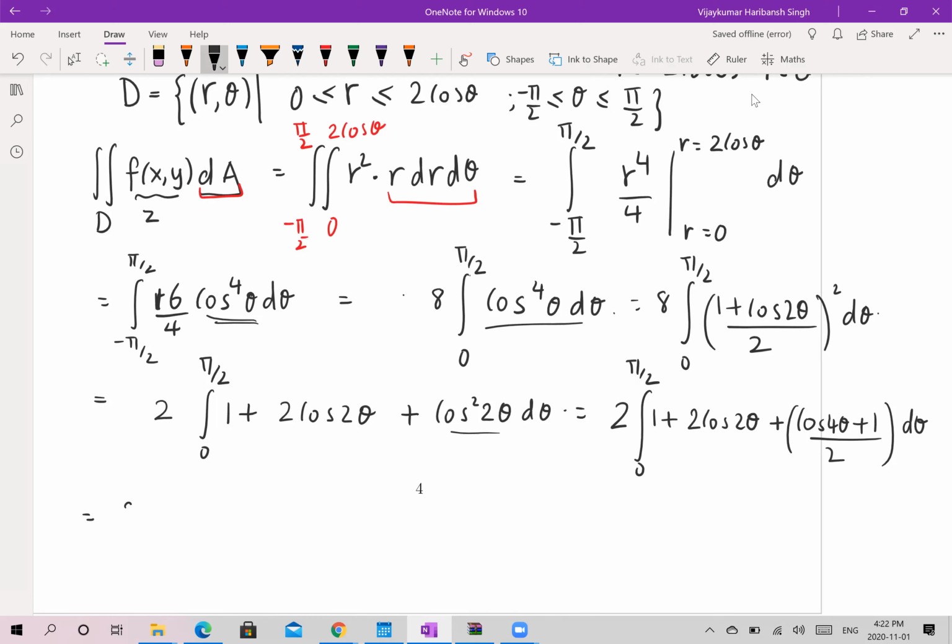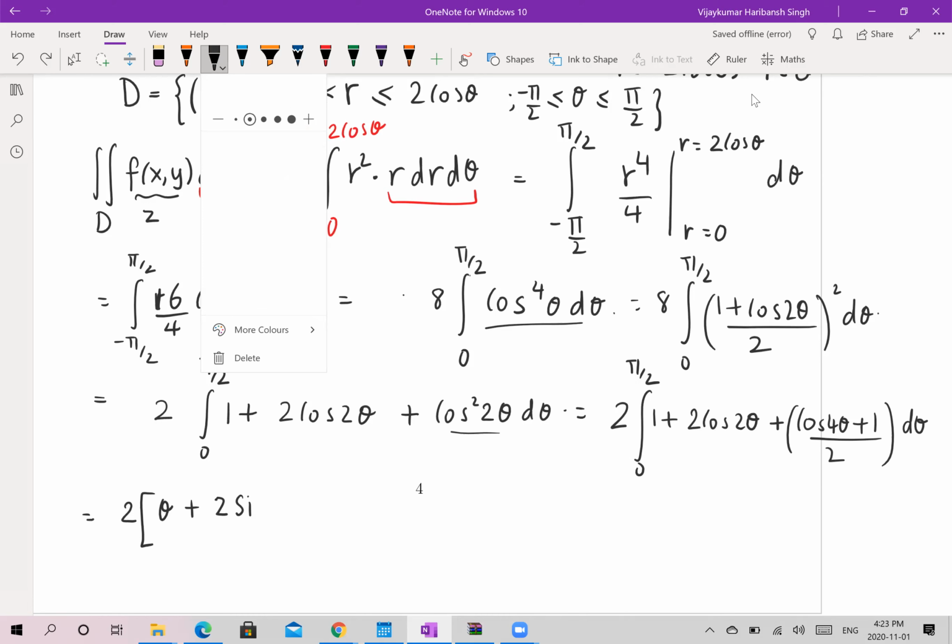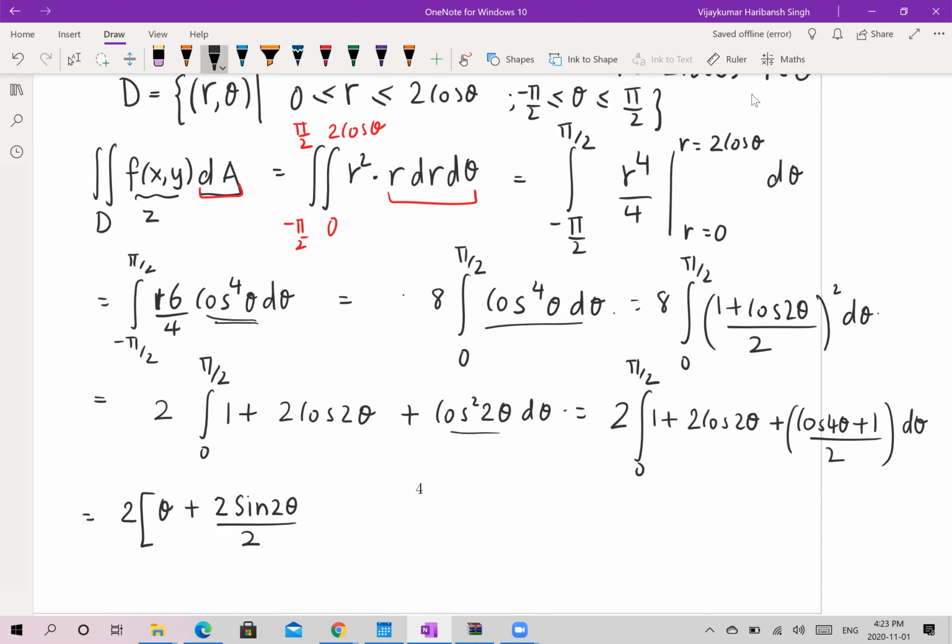So we have 2 times theta plus 2 sine 2 theta divided by 2 plus 1 by 2 sine 4 theta divided by 4 plus theta, bracket close, 0 to pi by 2.